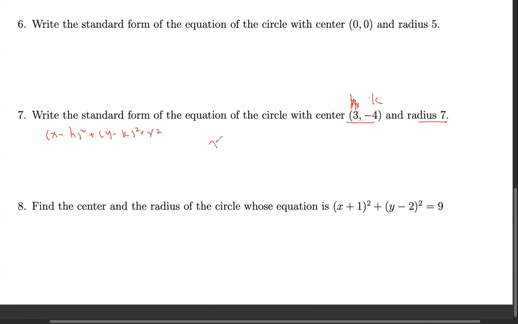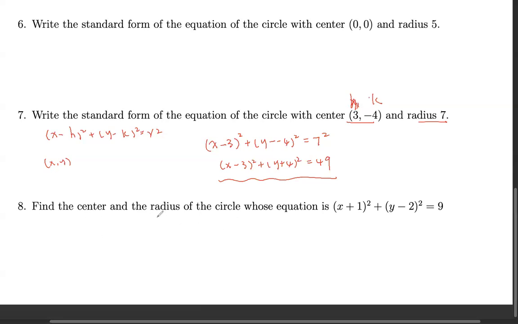In our case, h is 3. x comma y represents any point on the circle. So x minus 3 squared plus y minus -4 squared equals 7 squared, because the radius is 7. Simplify a little bit, we have x minus 3 squared plus y plus 4 squared equals 49. That's it.